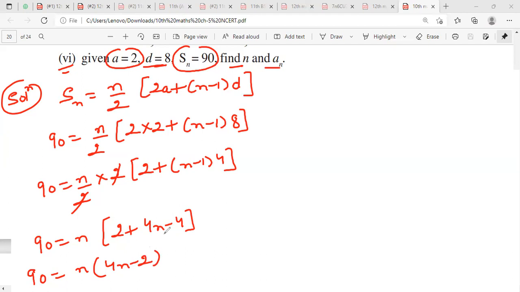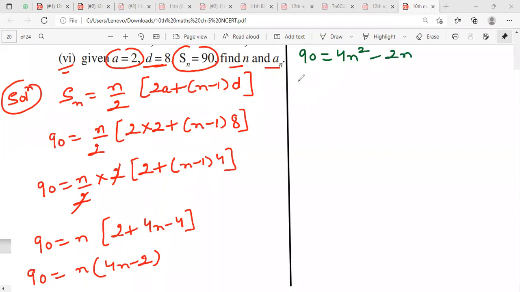Then 90 will be equal to 4n into n, that is 4n square, minus 2 into n, minus 2n. It can be written as 4n square minus 2n minus 90 equal to 0.